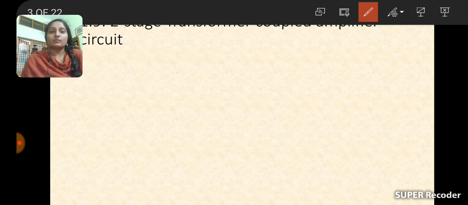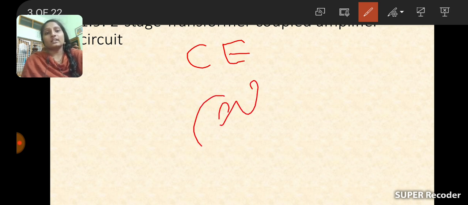If two or more stages are connected together to produce the output, then that is called a multi-stage amplifier. In a multi-stage amplifier, two or more amplifiers are connected together. If common emitter transistors are connected together, then that is called a cascade amplifier.